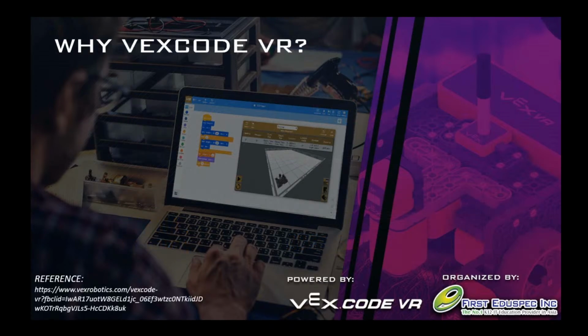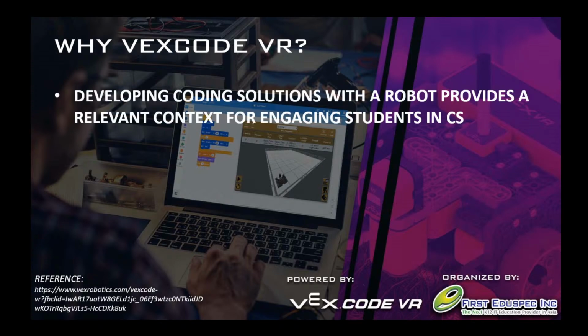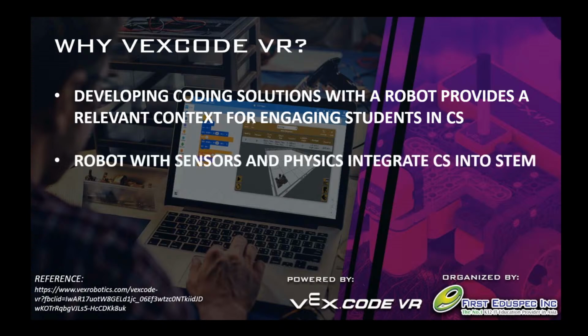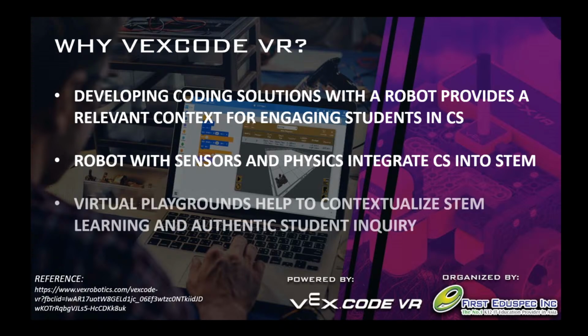So why Vexcode VR? It helps develop coding solutions with a robot, and provides a relevant context for engaging students in computer science. A robot with sensors and physics integrates CS into STEM, so we have here our STEM students. Virtual playgrounds help to contextualize STEM learning and authentic student inquiry.